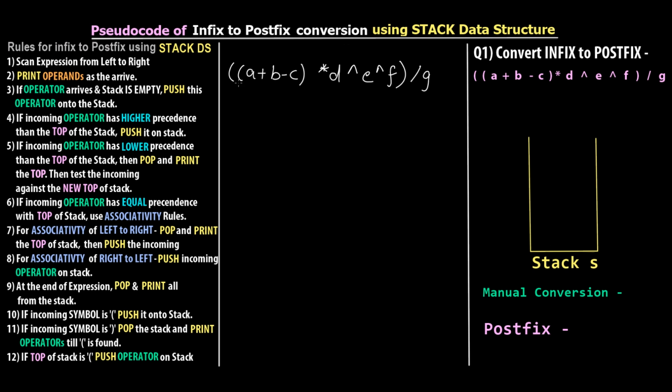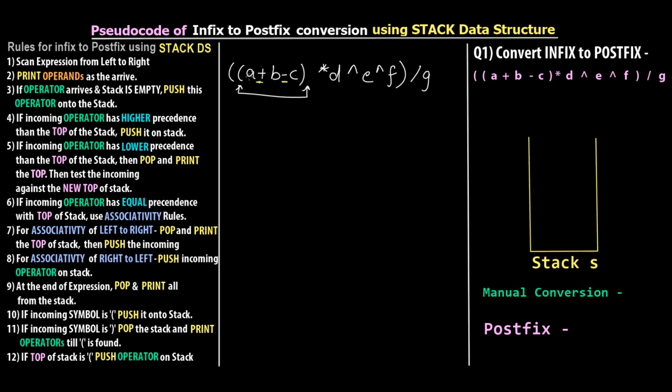Starting off, during the manual conversion, we see the brackets first because brackets have the highest precedence, and the innermost bracket is a plus b minus c. So first, this small sub expression will get converted to its postfix format. Inside this we have two operators, plus and minus, and plus and minus have the same operator precedence.